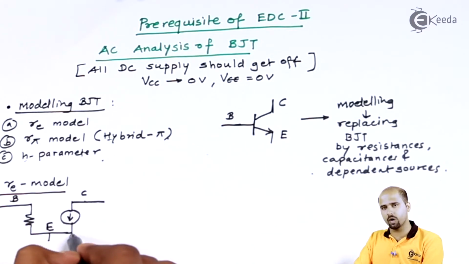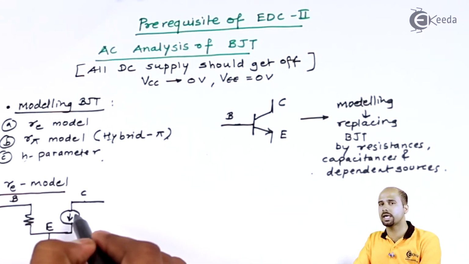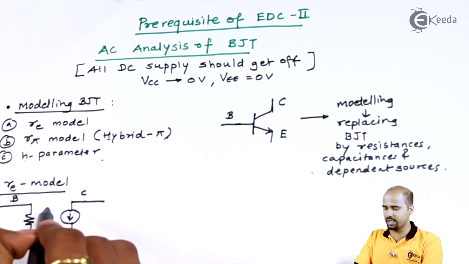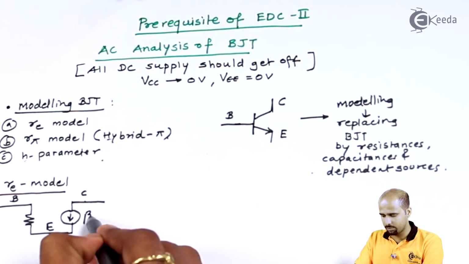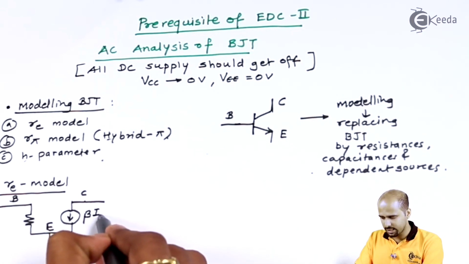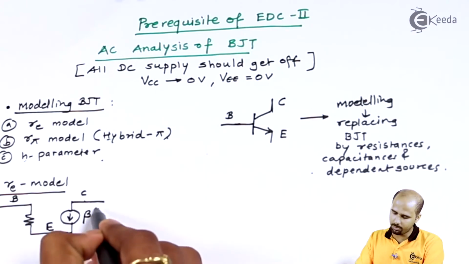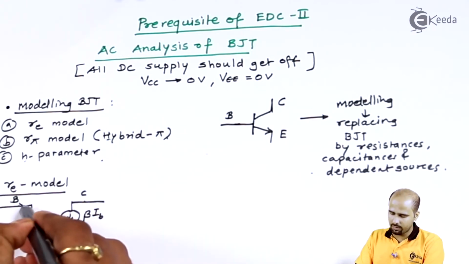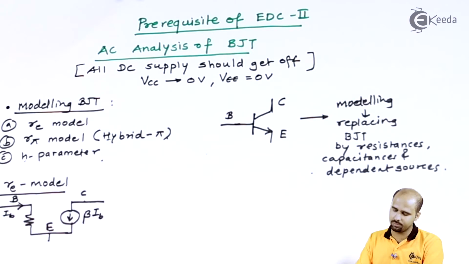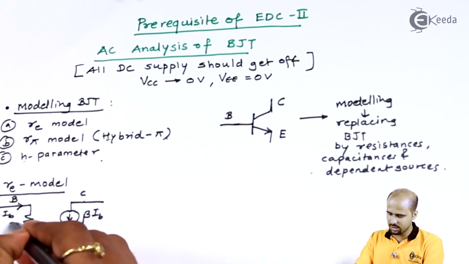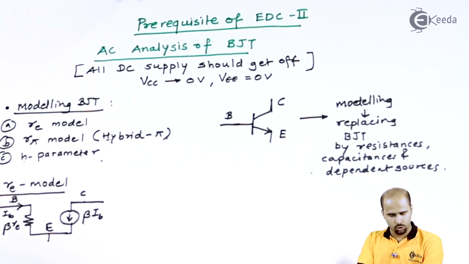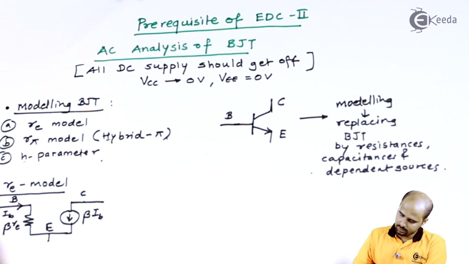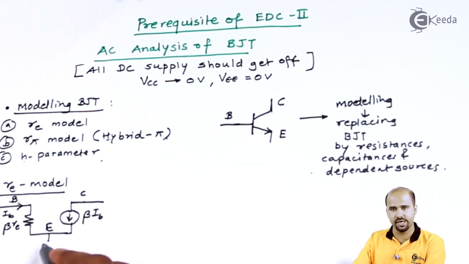As it is coming from the collector branch, it's the collector current, and I can replace the collector current by the base current multiplied by a factor beta. So it's nothing but beta times the base current IB, where this IB flows over here. This resistance is called beta into RE. So this is the RE model. I'm replacing the BJT by this RE model.